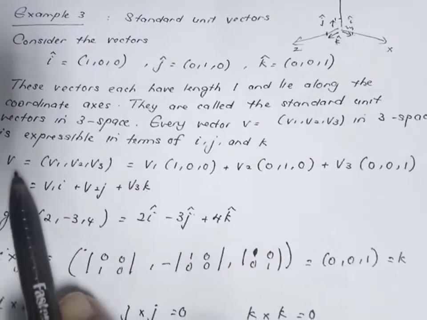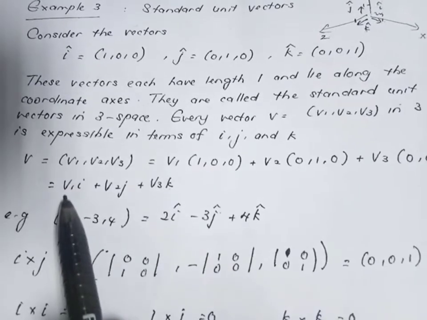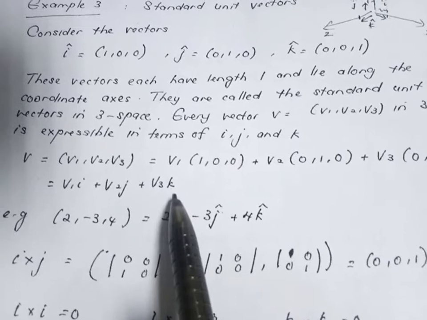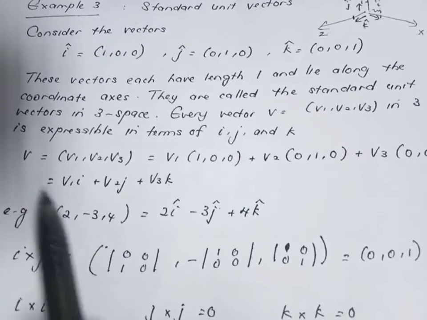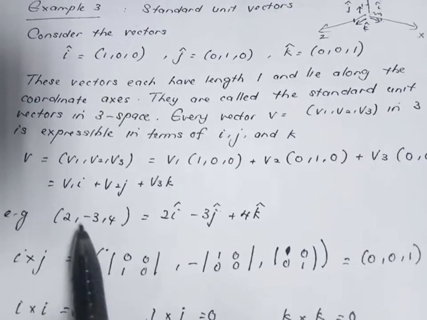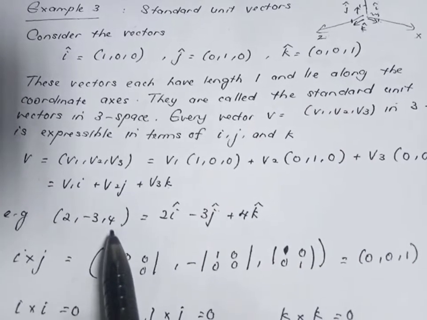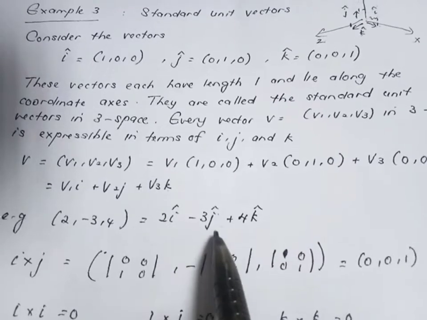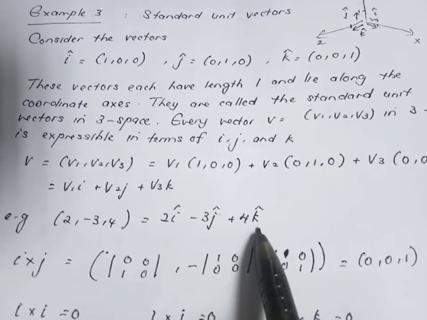So we can express vector v in the form v1i plus v2j plus v3k. For example, let's say vector v is given by 2, minus 3, and 4, and we can write it in standard unit form as 2i minus 3j plus 4k.